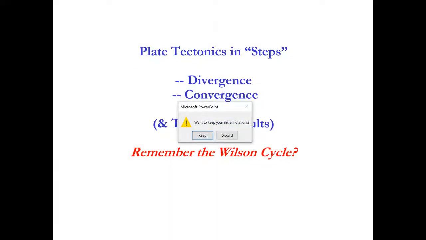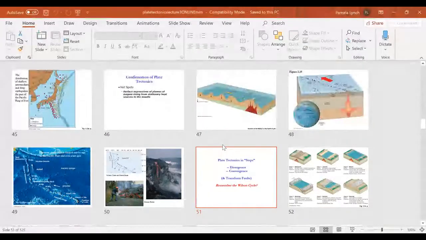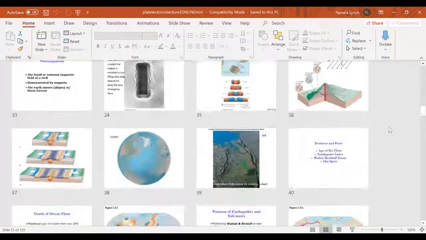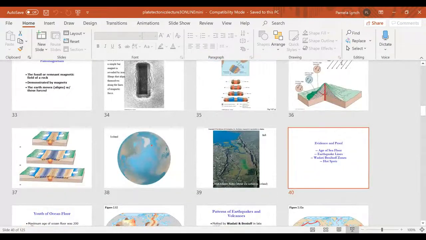Back and take a look at those 6 proofs one more time, just so we can go over them again. Remember, proof 1, density. Proof 2, paleomagnetism. 3, age of the seafloor. Younger in the middle, older at the edges of oceans, oldest even more on continental crust.